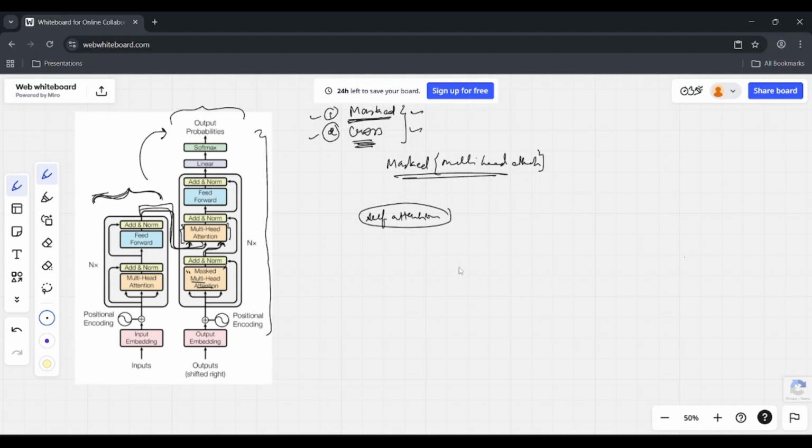Now inside my self-attention block, whatever word embedding I provide, let's say here I'm just considering one word for simplicity. Let's say I consider cat and I'm providing its word embedding that contains three elements. Now let's say I have a sentence, cat, mouse. What do I get out of my self-attention block?